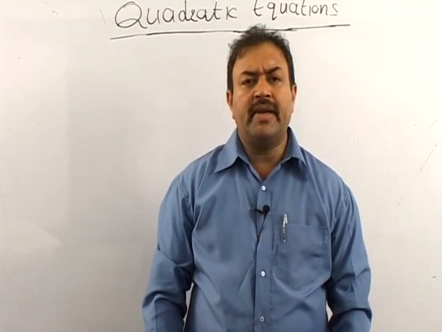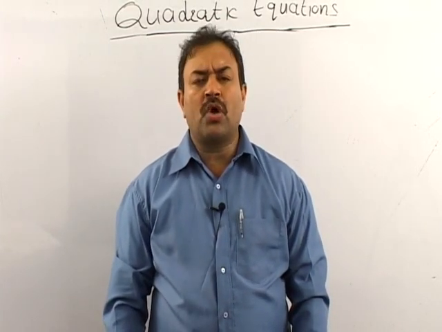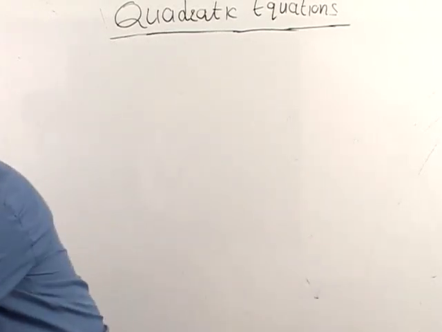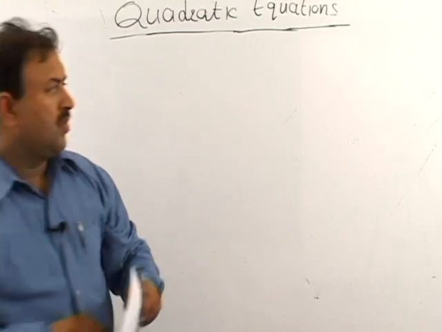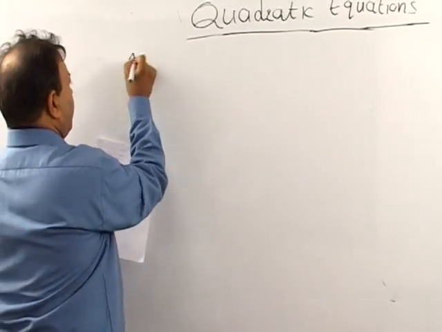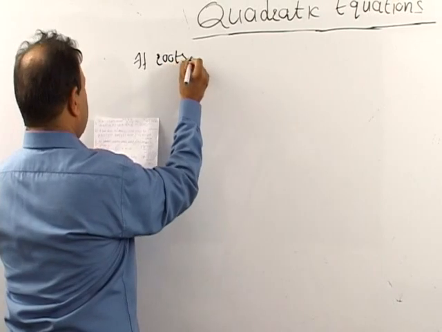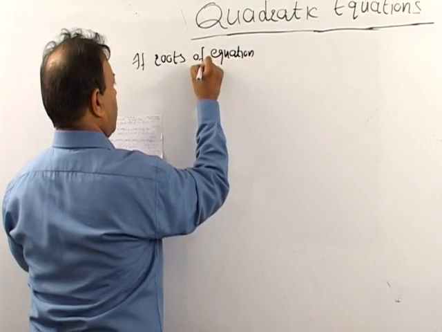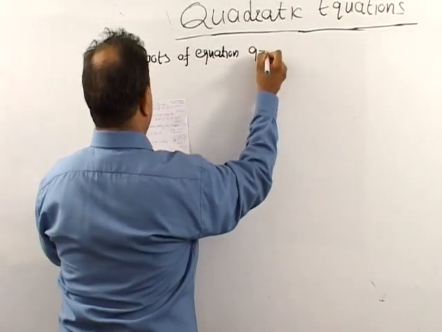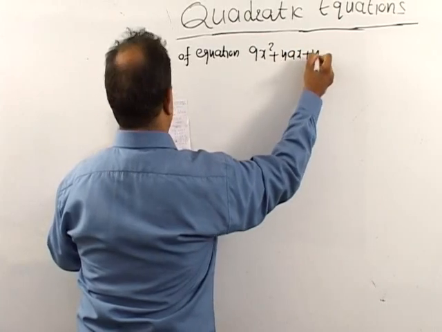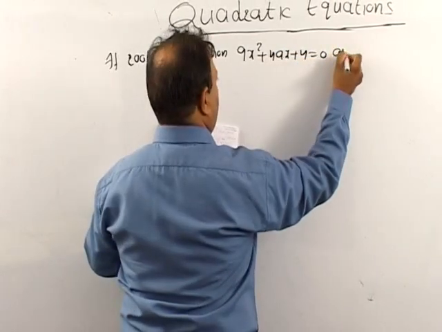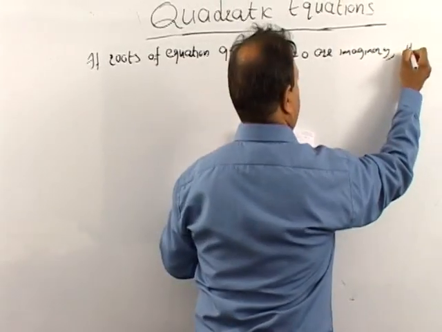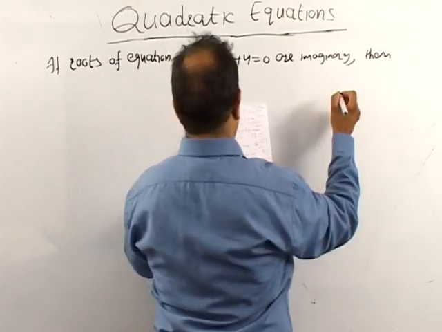The next problem, related to properties of roots of a quadratic equation and inequation, is: if the roots of the equation 9x square plus 4ax plus 4 is equal to 0 are imaginary, then, four options have been given.